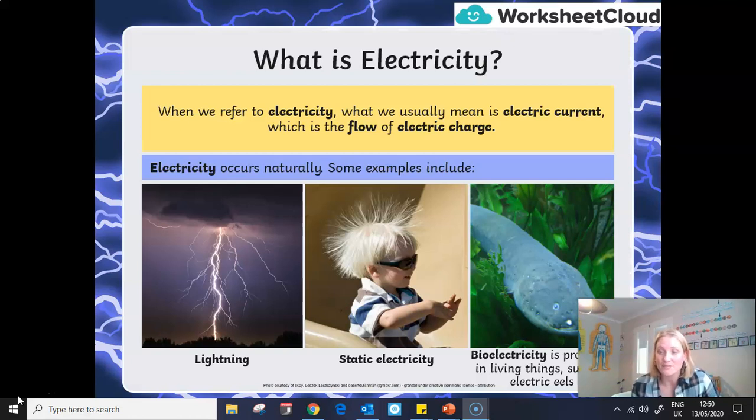Your brain is firing off little electrical currents, little electrical signals all the time, not every second, more than every second, to make your body work and to make sure that you stay alive. Your nerve endings use electrical currents to get messages from the body to the brain, and so on and so forth. So electricity is a naturally occurring thing.